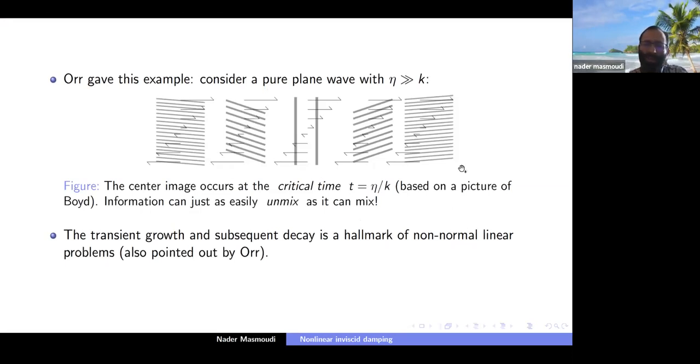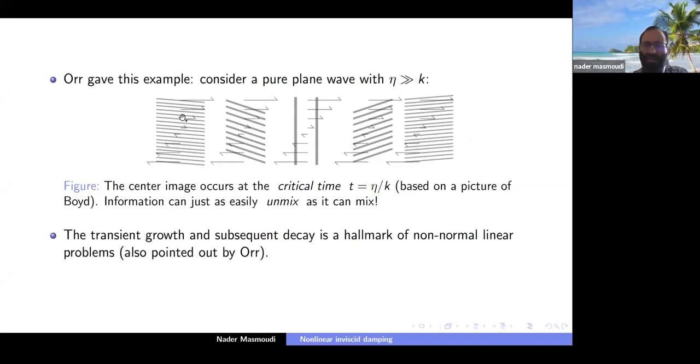Now, another feature of this is that I said if my initial data is here, this corresponds to mixing when t goes to plus infinity. This corresponds to mixing when t goes to minus infinity. Now, if my initial data is here, what happens? If my initial data is here, then first I go through unmixing, and then I go through mixing.